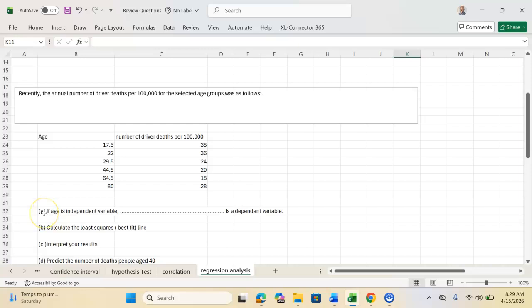If age is the independent variable, what is the dependent variable? The dependent variable is the number of driver deaths. Then we are supposed to calculate the least squares line, or best fit. This means that we need to run regression and come up with our estimated values.